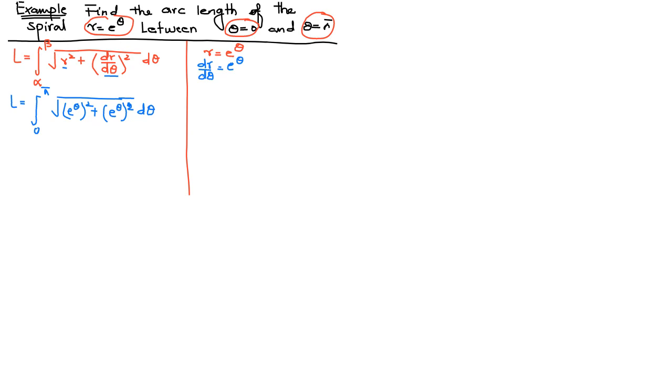So this is equal to the integral from 0 to pi of the square root of 2 times e power theta whole square d theta. Can I write this, yes or no?